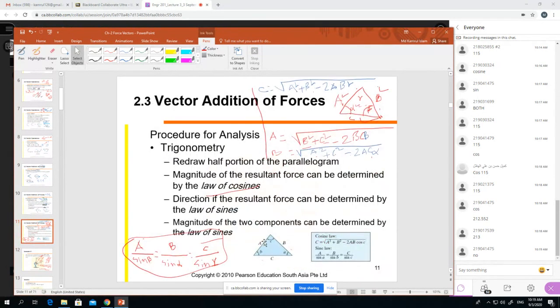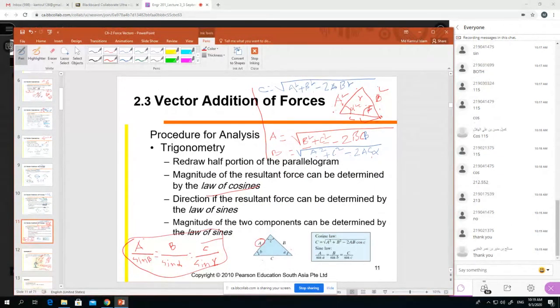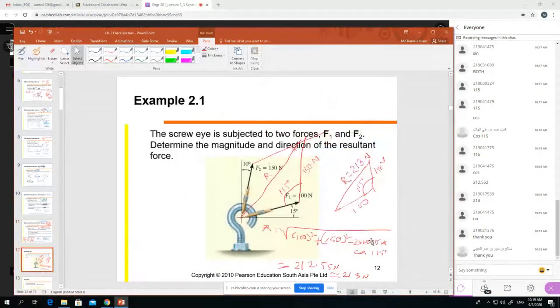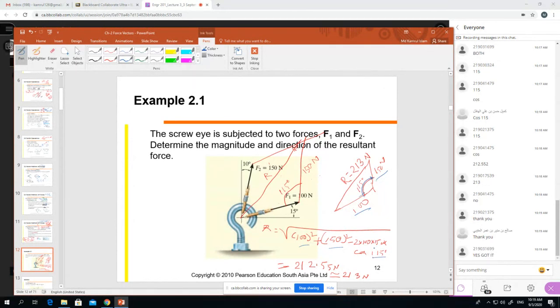Here you see, if you want to find A, we need B square plus C square minus 2 into B into C into cosine of the angle between B and C. So here this one is square plus this one is square, and 2 into the angle between them, which is 115. That's why we write cos 115. Okay, got it. Thank you.